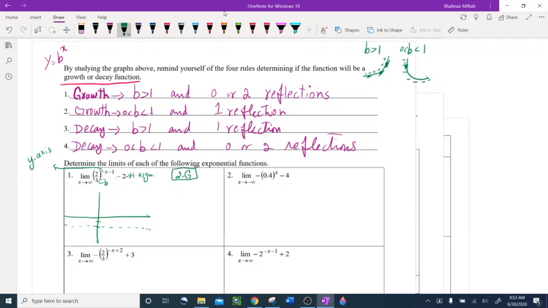So the original graph that we have for this, without this reflection, since it's less than 1 and greater than 0, should look like that. It's negative slopes. That's the original graph. But if I do a reflection across the y-axis, you know it's going to go growth. Okay, so let me draw the original one first.